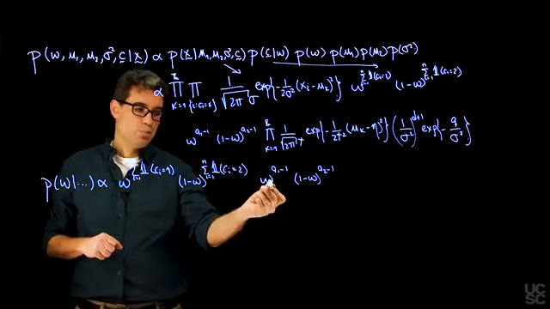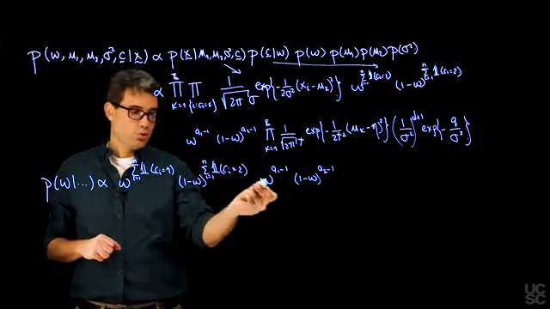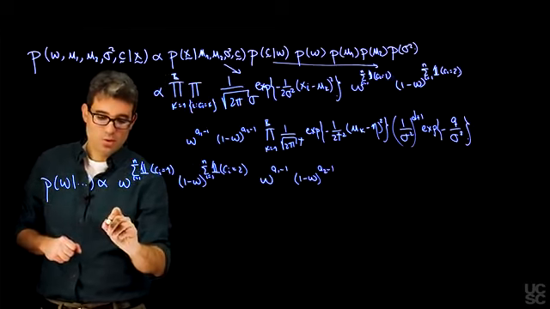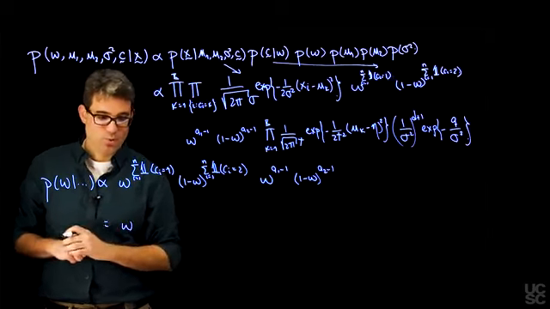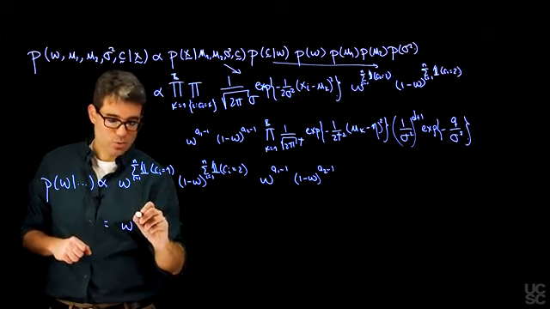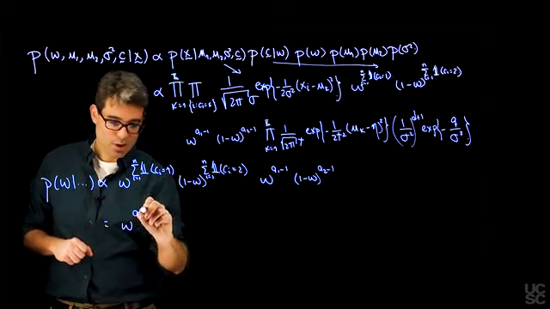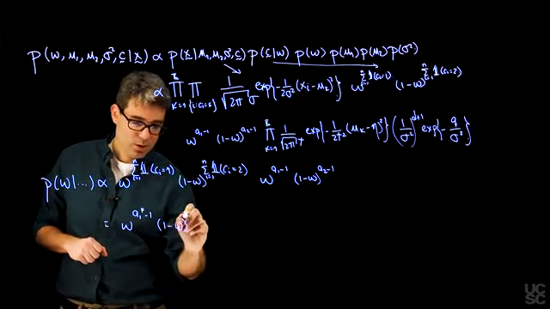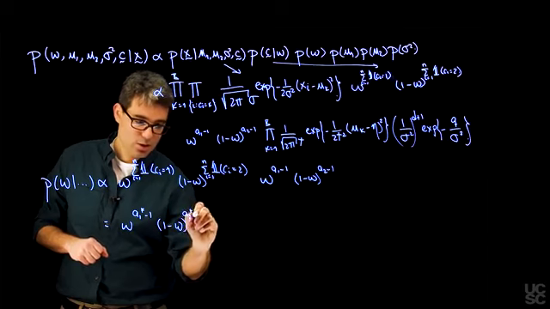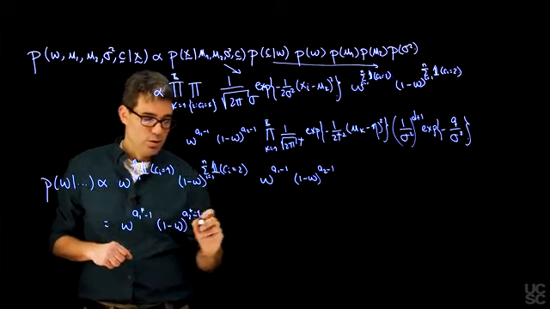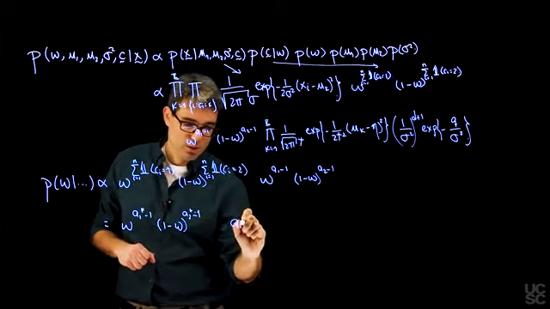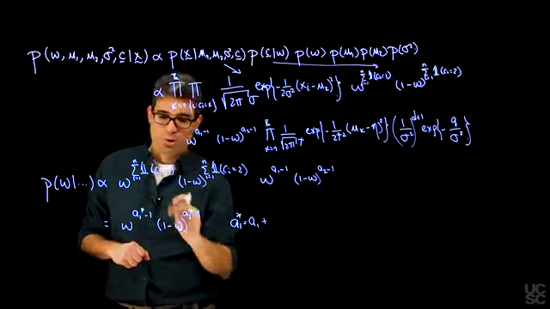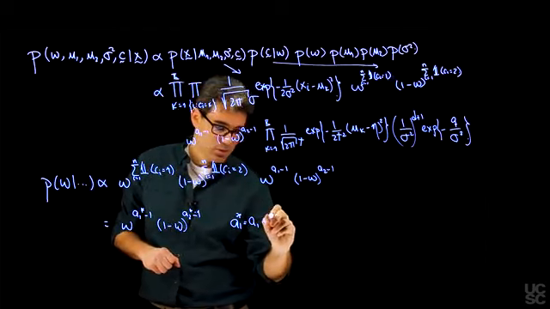And we can obviously pull terms together, so we can pull the two omegas together and the two 1 minus omegas together to just write this in the form of omega raised to, let's call it a1 star minus 1, 1 minus omega to the a2 star minus 1, where a sub 1 star is just a1 plus this exponent here.